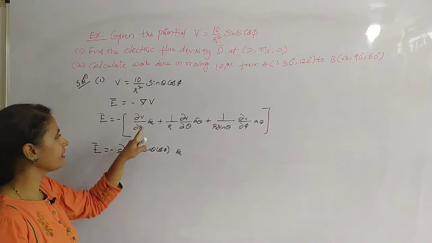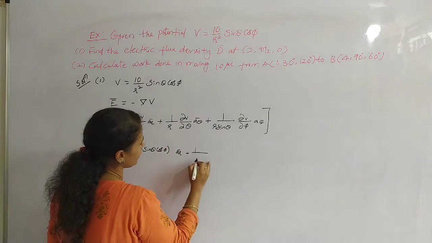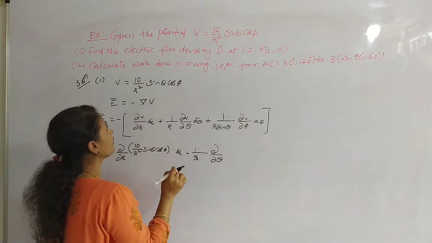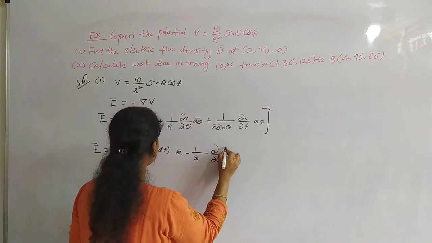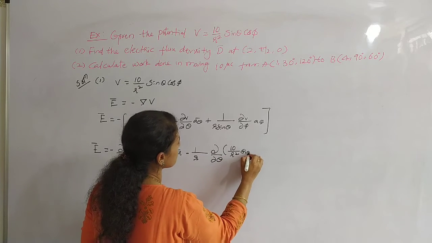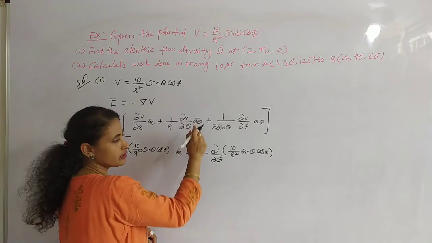Just replace by V. I am taking the minus inside. Minus 1 by r dou by dou theta of V, where V is 10 by r square sin theta cos phi, into A theta.